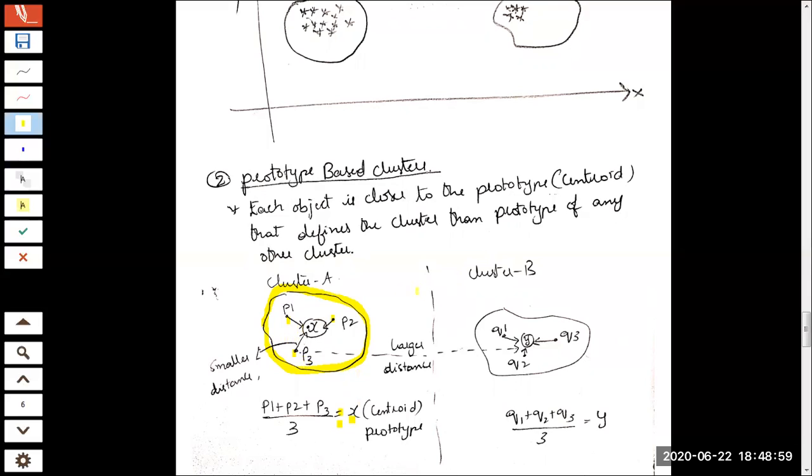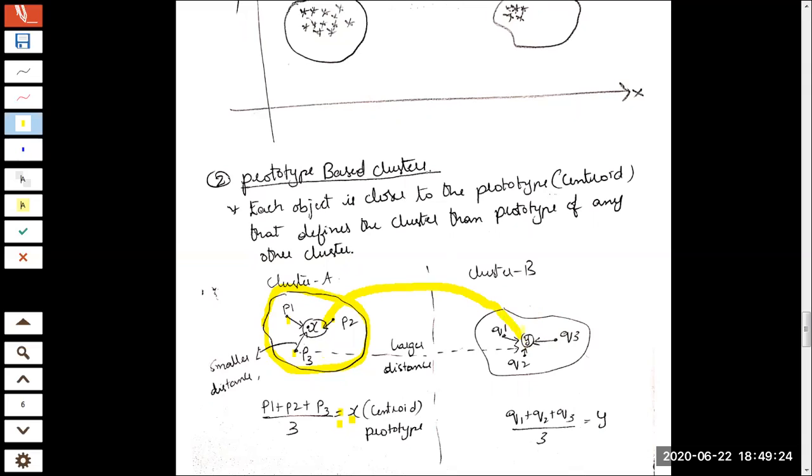Now, if you just give a glance with respect to the points P1, P2, P3, and X, you can see the distance from P1 to X, P2 to X, and P3 to X is smaller compared to a centroid that is there in a different cluster. Okay.